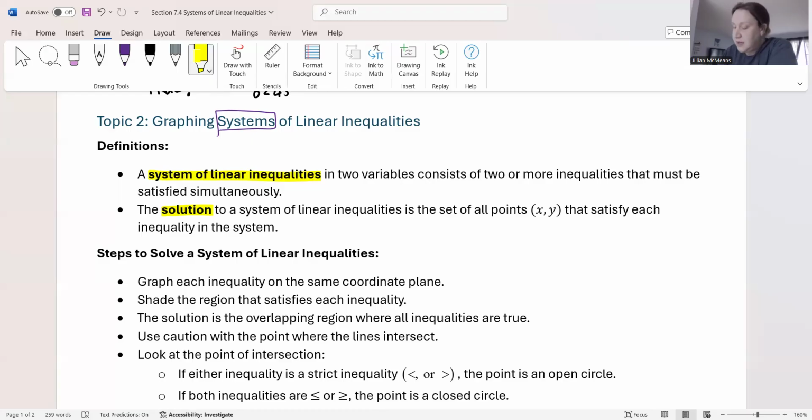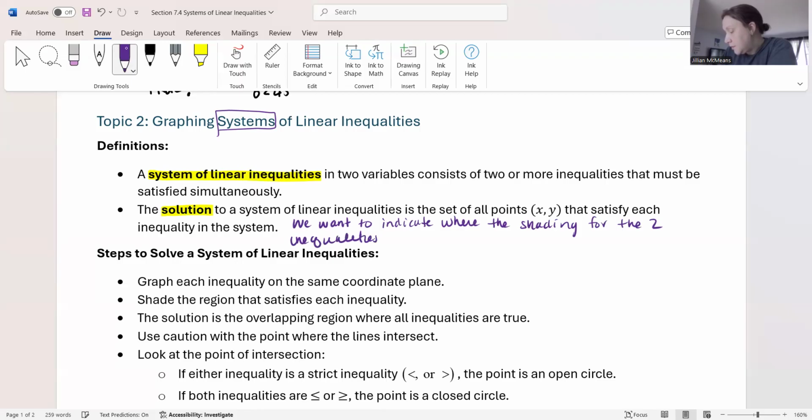So graphically speaking, we want to indicate where the shading for the two inequalities overlaps. Okay, and that ends up being our solution.